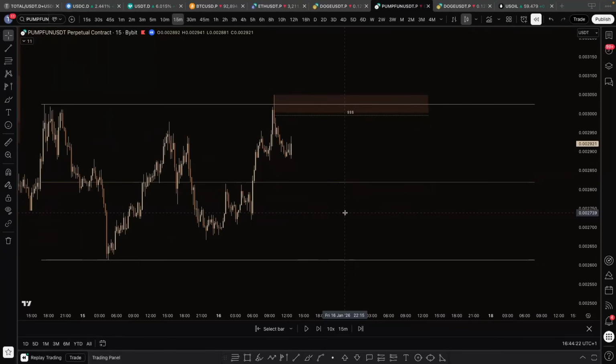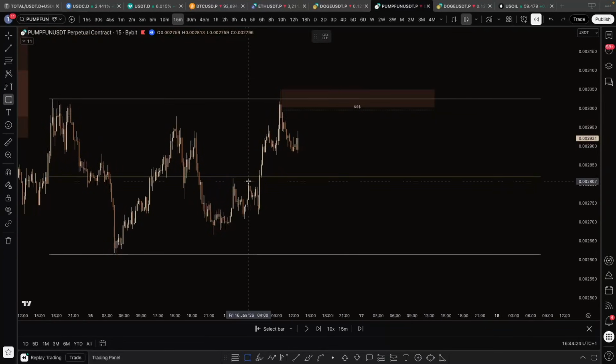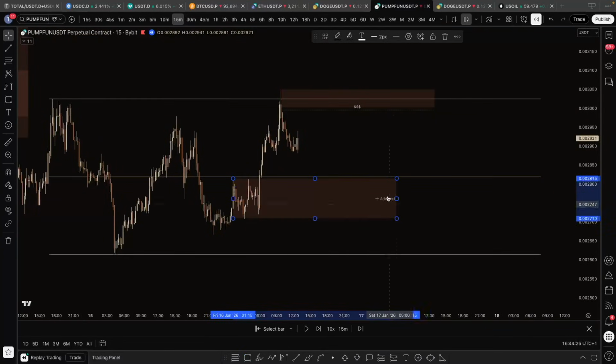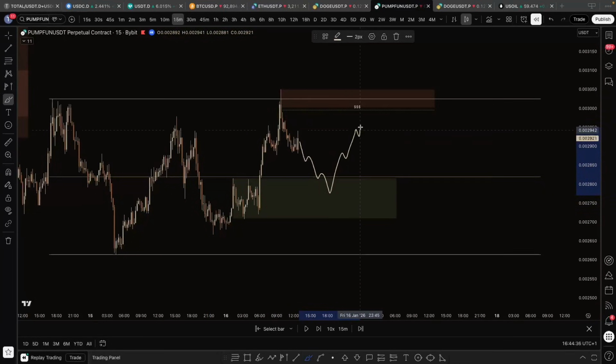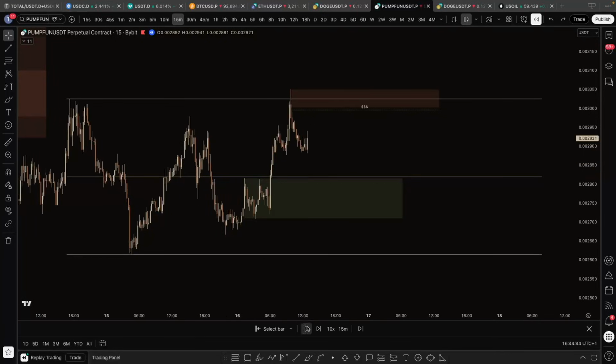So we are gonna watch that, and we have some demand below us as well. This is the demand, and now we're gonna watch for preferably to mitigate that demand and go higher into that extreme supply, extreme liquidity, and go lower, or of course go higher from a model 1, which is even better because a model 1 is always better than a model 2.